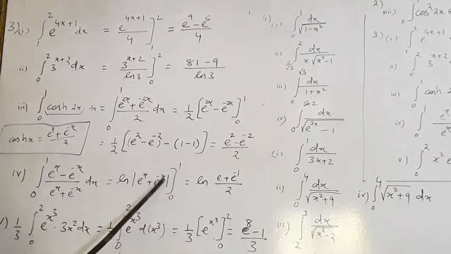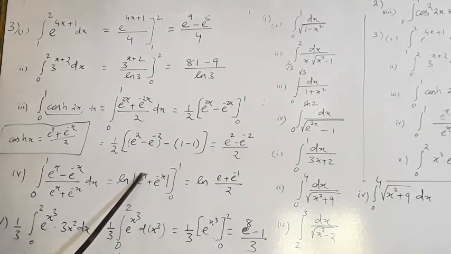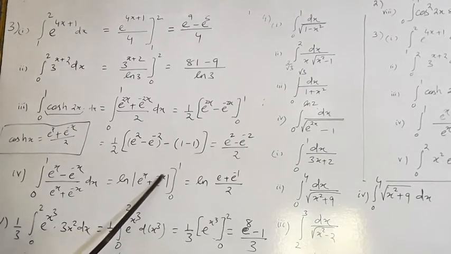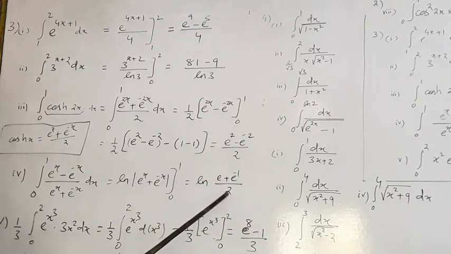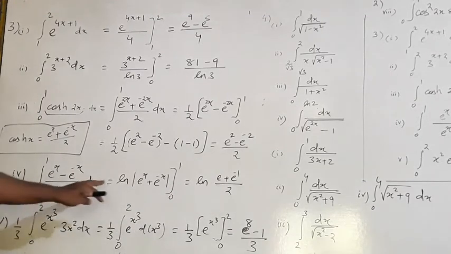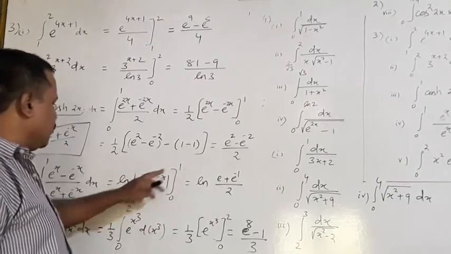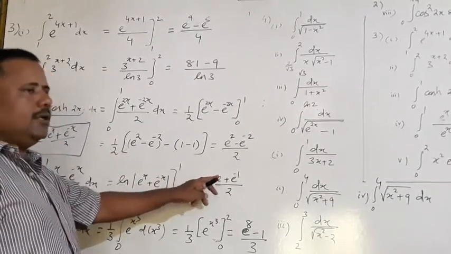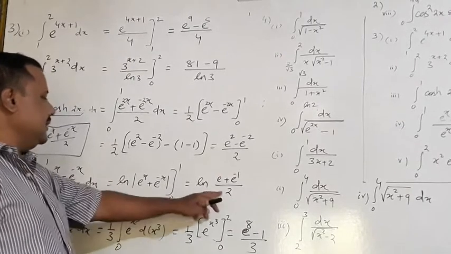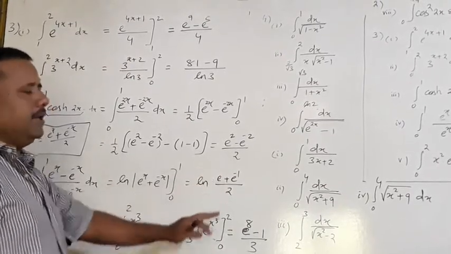So putting the upper limit 1 first, you will get ln of e plus e to the power minus 1. Then when you subtract 0, you will get what? Minus ln 2. So log a by b is log a minus log b. For ln, mind it, what you have to do? Put the upper limit first, write it in the numerator, put the lower limit, write it in the denominator, because it is in the form log a by b.